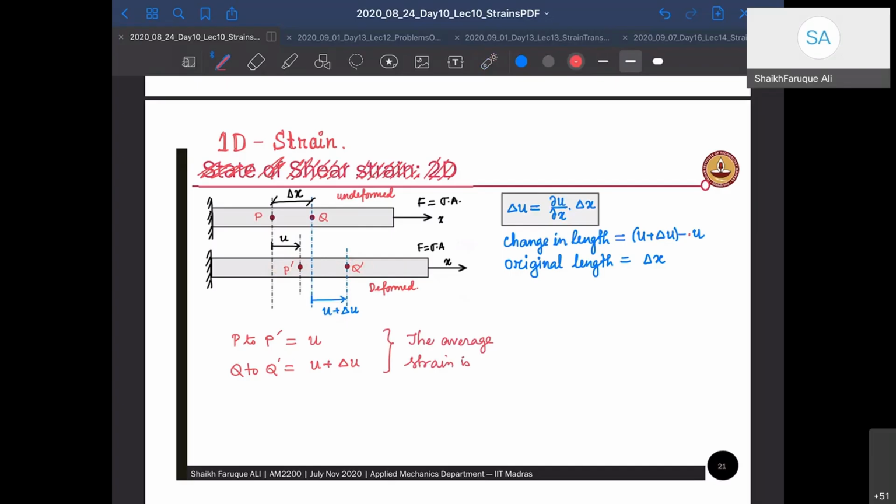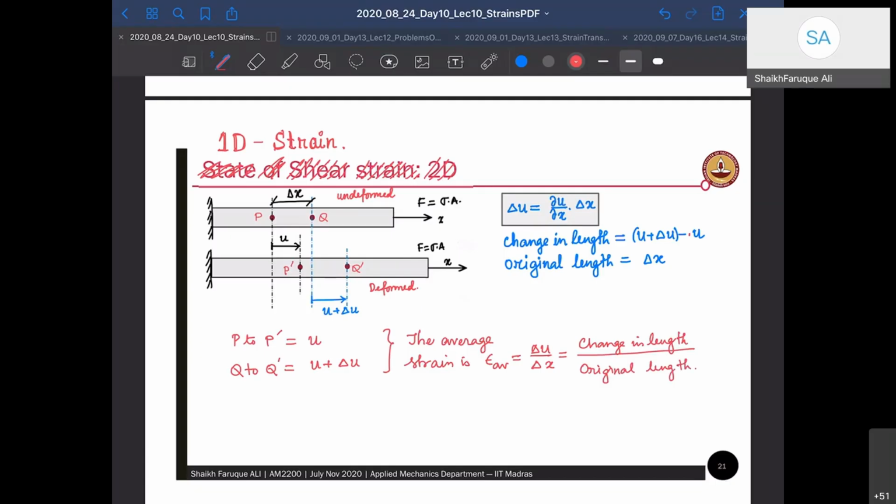is, let us write, average strain is equal to delta U by delta X, right? Change in length by original length. By original, undeformed length, right?